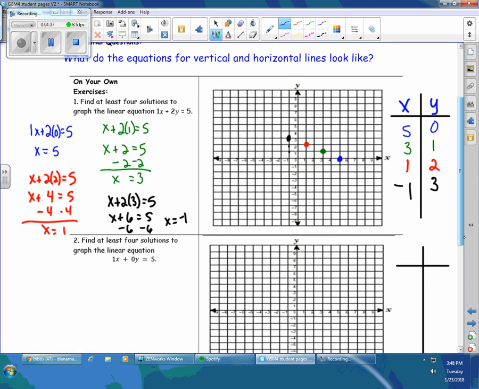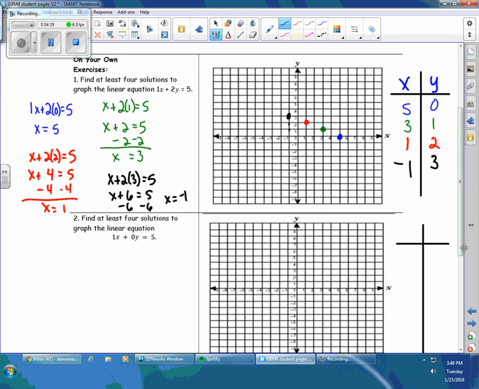The next one: find at least 4 solutions to graph the linear equation 1x plus 0y equals 5. I'm going to do the same thing here. I'm going to have my T-chart with my x and my y variables. And because y again has a non-1 coefficient, I'm going to fix my y's.